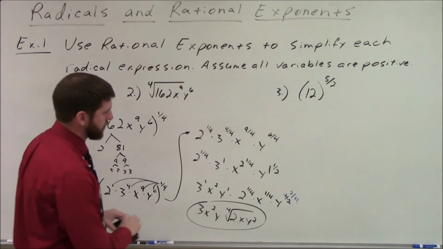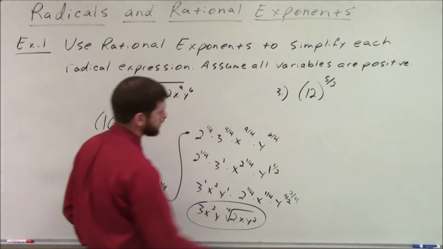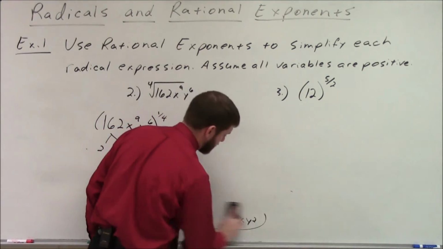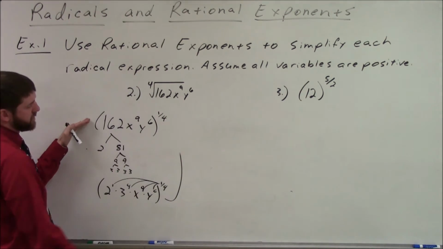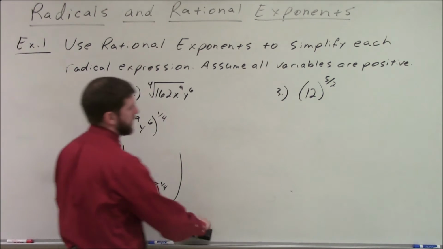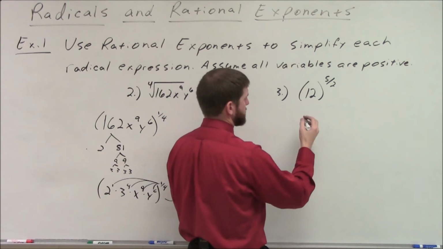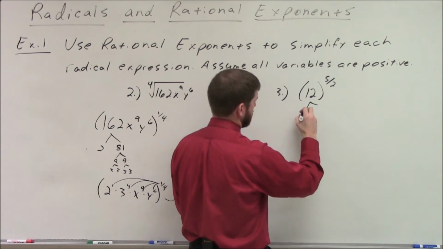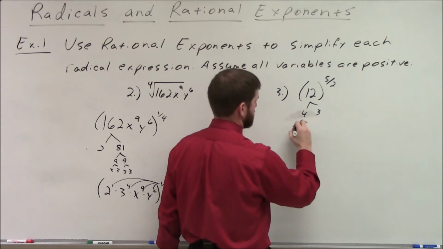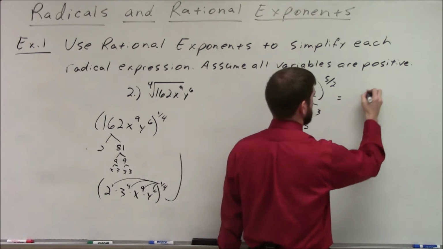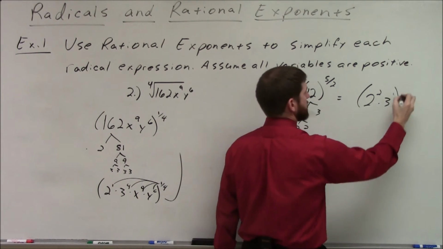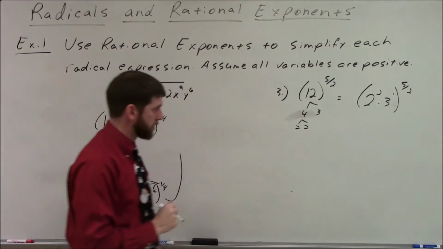Let's look at number 3 right here. So we're going to start by doing the same thing as we did over here. They've just put it in rational exponent form for us. So we're going to factor out our base here, and 12 is just 4 times 3, which is 2 and 2. So we get 2 squared times 3 to the 1st, all raised to the 5/2.